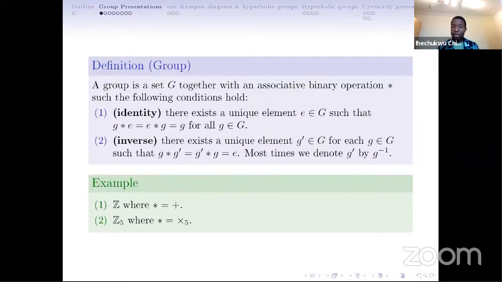So there is a unique element in the group so that when you multiply it with any other element in the group, you get the same element. So it doesn't change the element when you operate it. And there's a unique inverse also for every element in your group. So I have two examples: the integers and the cyclic group of order 5.